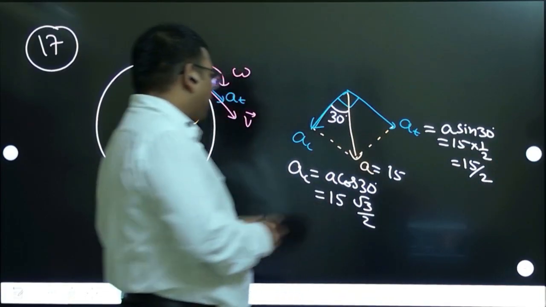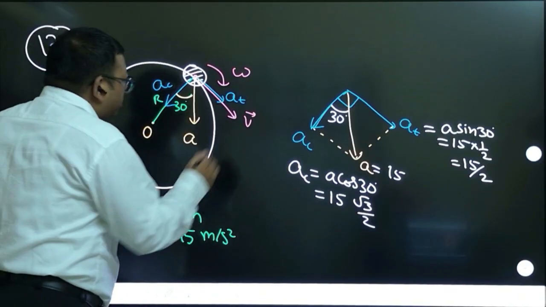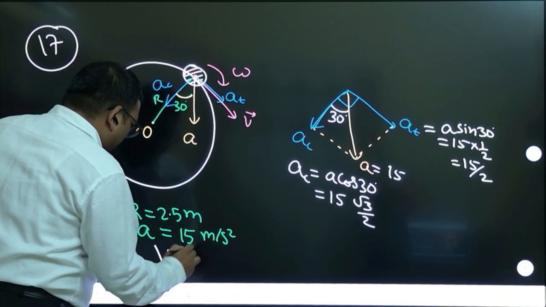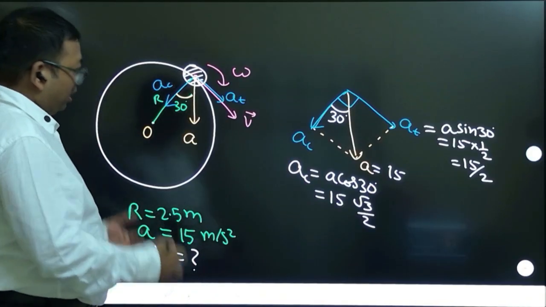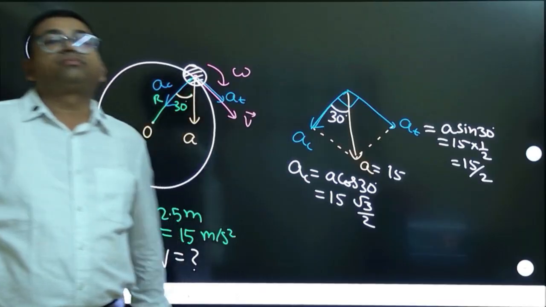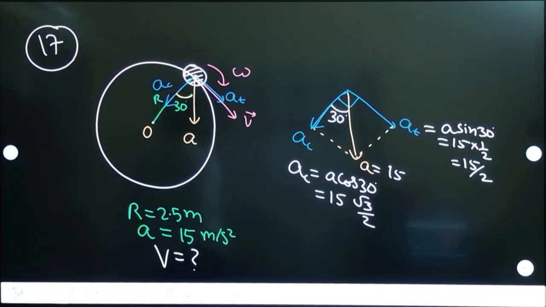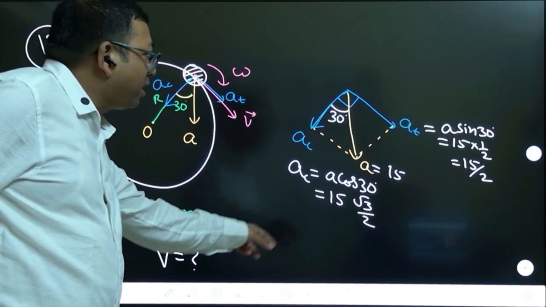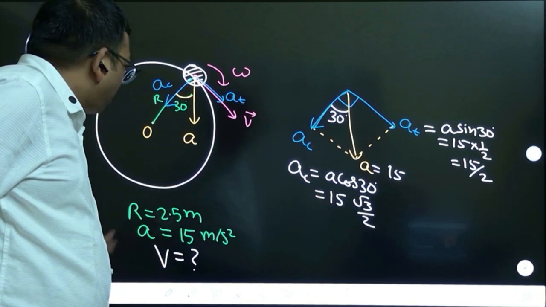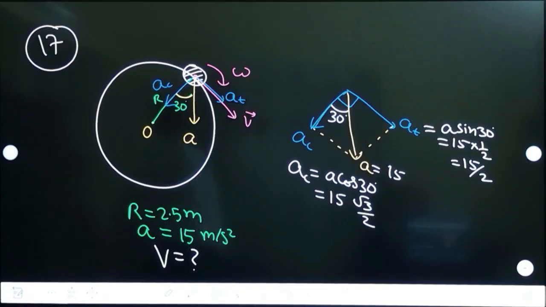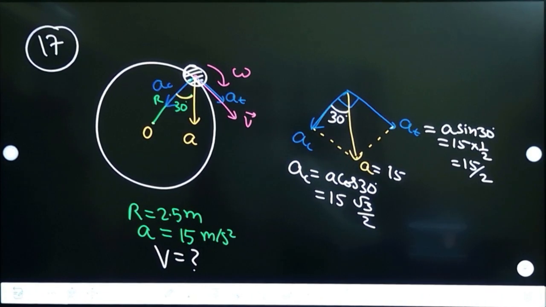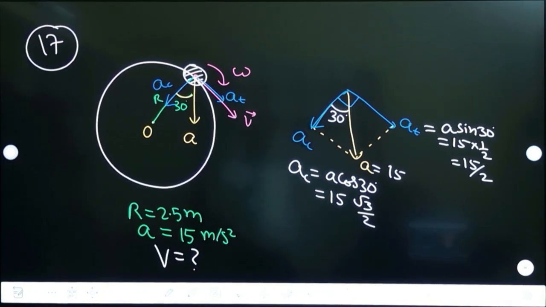Okay, now tell me speed. I want to calculate speed. Remember, I have to calculate speed. So now tell me what should I do? I know centripetal, I know tangential. How to calculate speed? You will solve this question, but you tell me how you can calculate speed if you know centripetal acceleration and tangential acceleration.